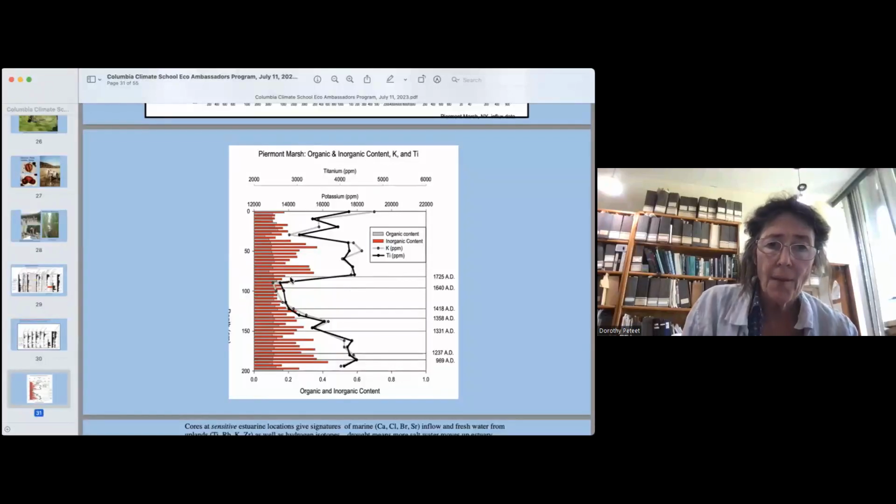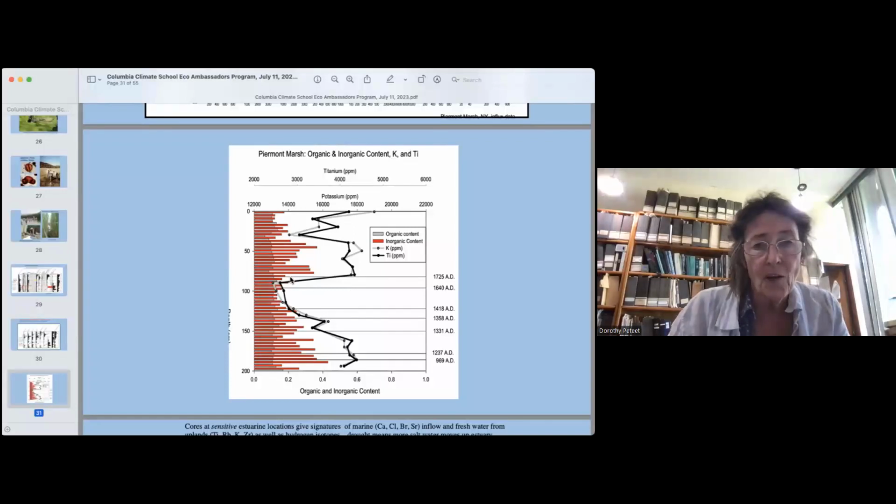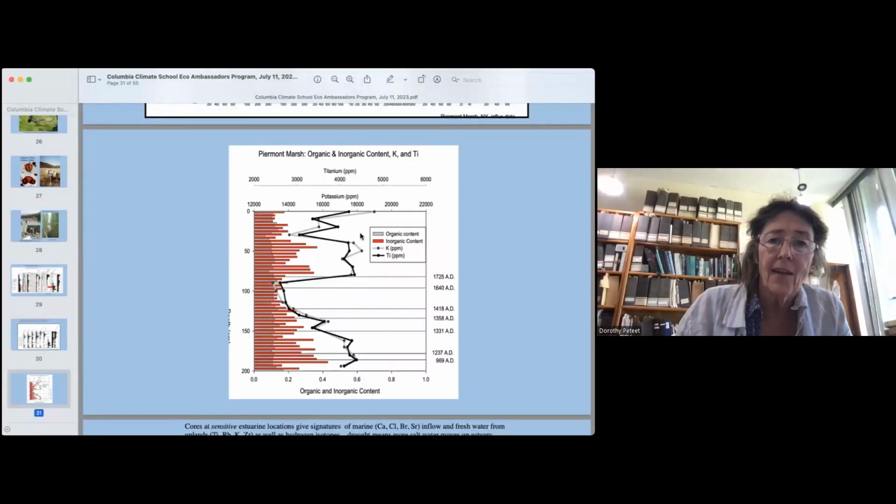So it's sort of the opposite of Jamaica Bay, where we saw those marshes are starved of sediment. These marshes had a lot more sand, silt, and clay coming into them because of erosion. And that's paralleled by our burning it and seeing the organic, which is gray, and the inorganic. But then it sort of stabilizes towards the present.